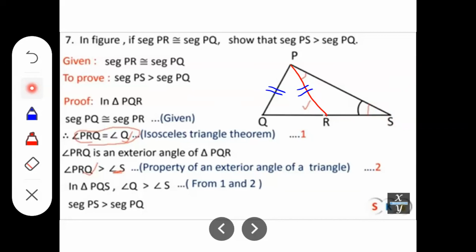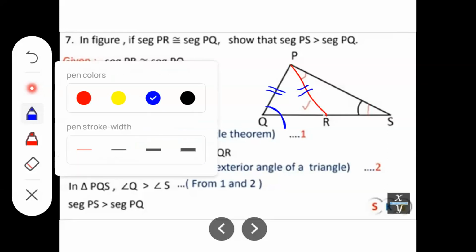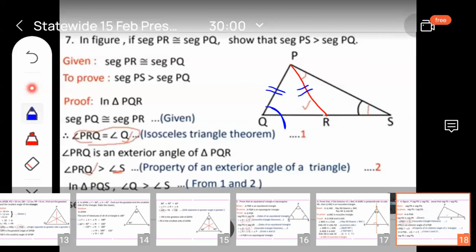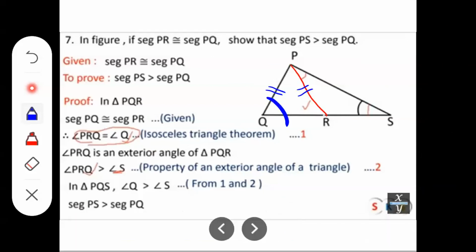So see, side PS, the angle opposite to this side is Q. Angle Q is opposite to PS.